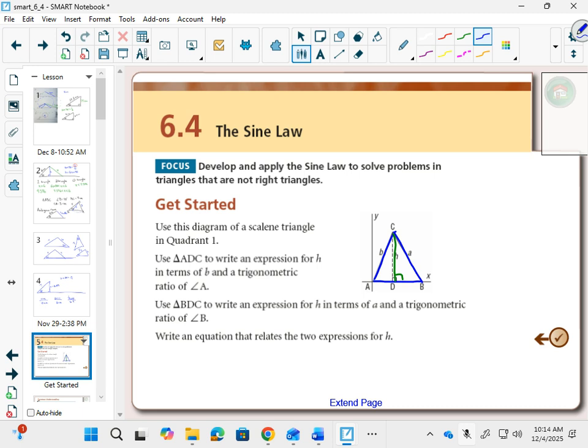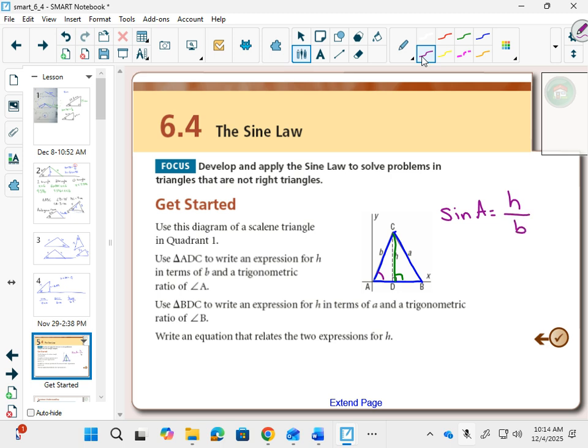Okay, well, if I use angle A, first of all, I'm going to do this in purple. There's my angle A. If I think about the H, it's the opposite side. I don't know how long A to D is, but I do know that A to C has a length of B. So could I write sine of angle A is opposite over hypotenuse?